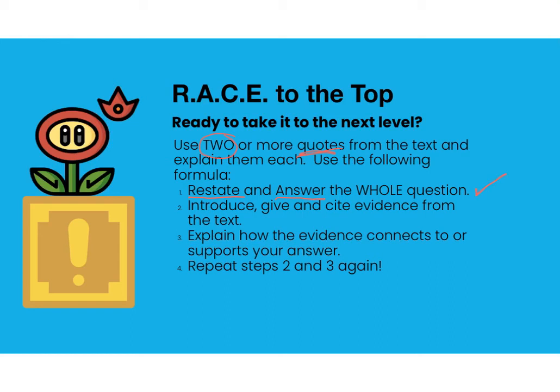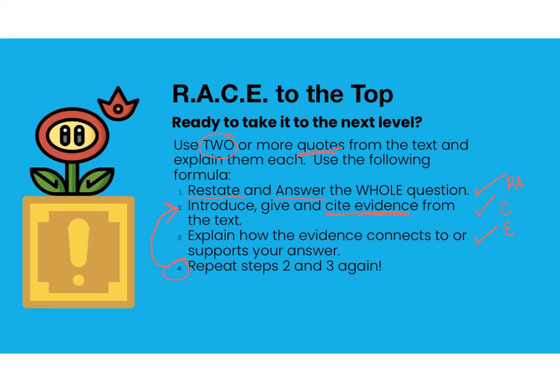Introduce and then give and cite evidence from the text. Explain that evidence, right? So this is R, this is A, this is C, this is E, okay? Explain how that evidence connects to your answer, and then you go back and you repeat these again, okay?